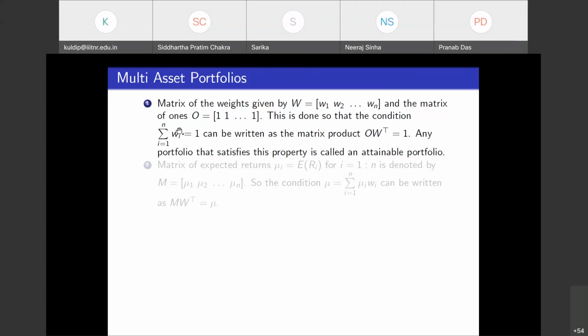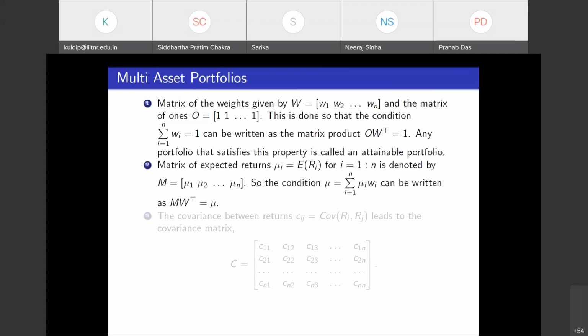So this left hand side is nothing but the summation of Wi, i equal to 1 to n. Any portfolio that satisfies this property is called an attainable portfolio. This means that any combination of W1 to Wn such that the summation of Wi equals 1, or equivalently this condition holds, is what is known as an attainable portfolio.